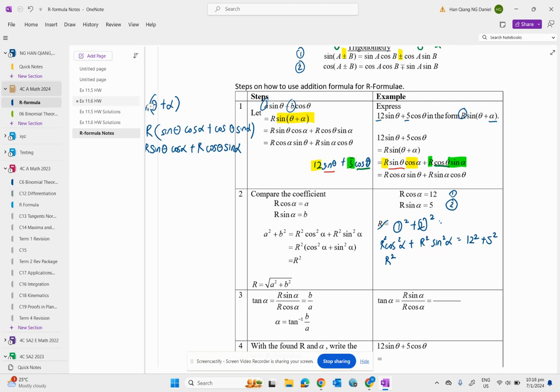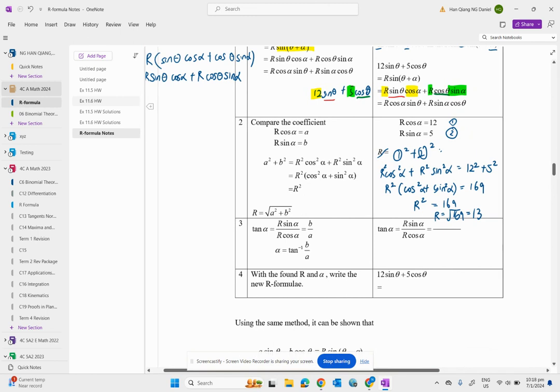So I take out a common factor r square. I have r square, inside the bracket cos square alpha plus sine square alpha. So 12 square plus 5 square will be equal to 169. And since cos square alpha plus sine square alpha equals 1, r square equals 169, r equals square root of 169, and we get 13 for r.